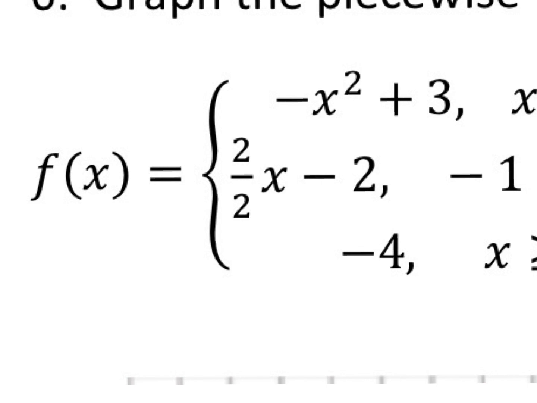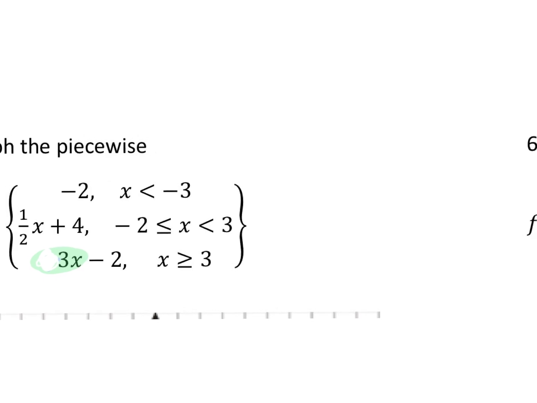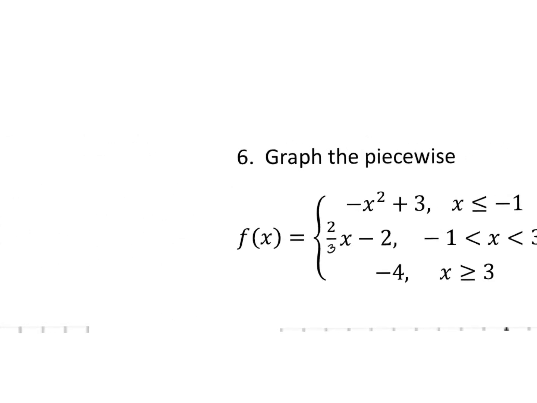It should be 2/3. That is my bad. When I was typing it up, it should be 2/3. So on number 5, you changed -3x to positive, so it fits better on the graph. And then on number 6, it was 2/2, change it to 2/3.